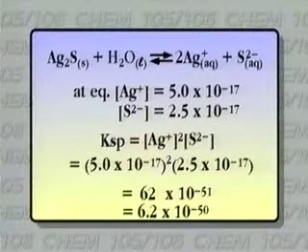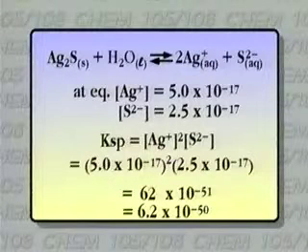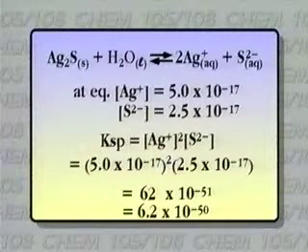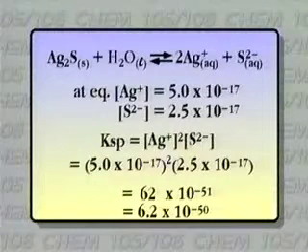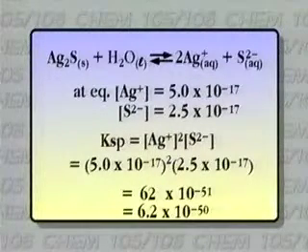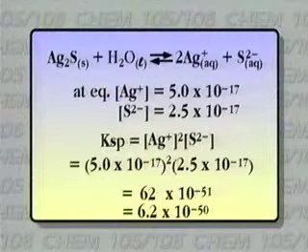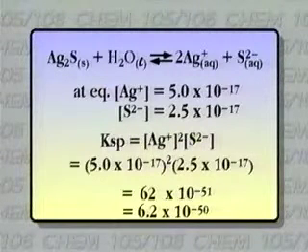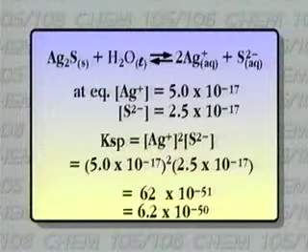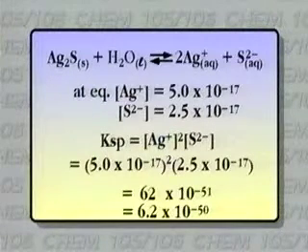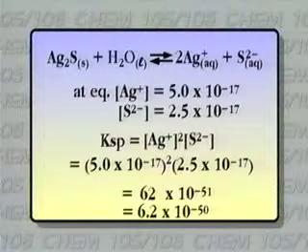It would be 62.5. And seeing that we're only using 2 significant figures, we would keep it as a 2 and drop the 5, not round up as I did. So 6.2 times 10 to the minus 50 for the value. Is that what you got on the calculator? Okay, 6.2 times 10 to the minus 50.